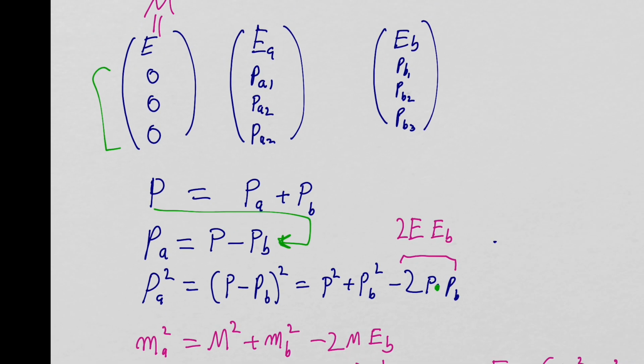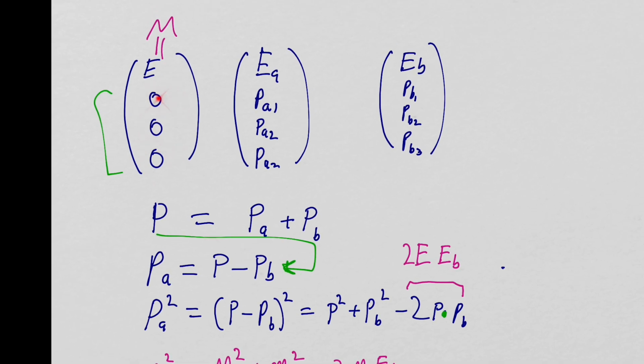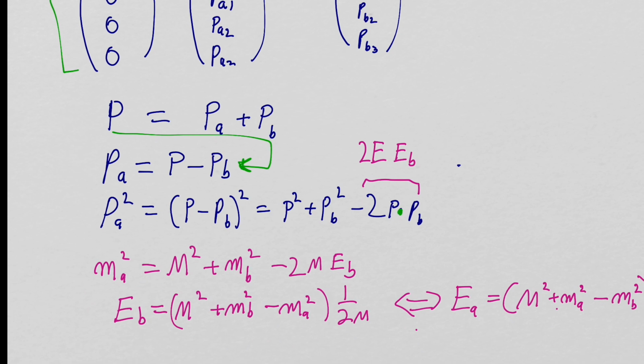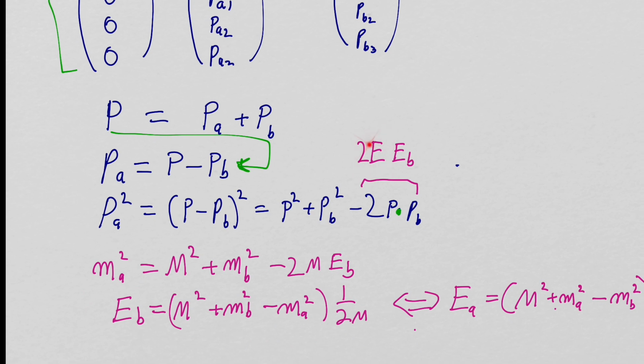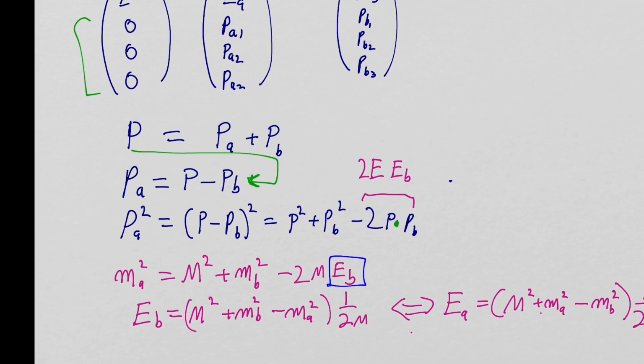We're taking advantage of the fact that we're in the center of mass frame where the 3-momentum is 0. The spatial components of the 4-momentum are all 0, which means E is always going to equal m. So I can replace this E here with m. And then I can solve for the energy of the second daughter particle.